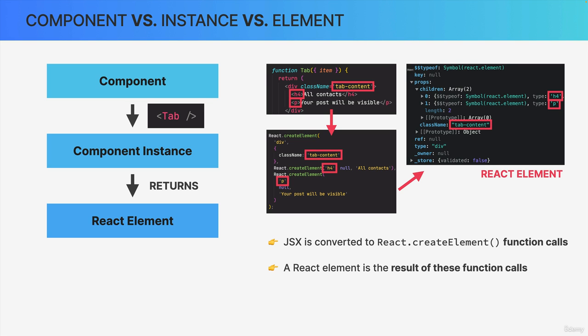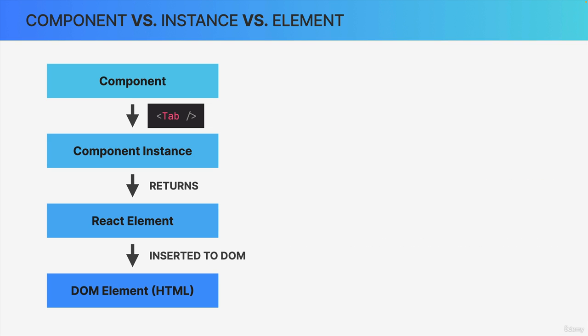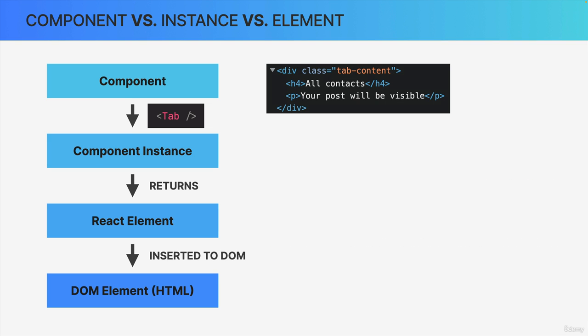But what is this object actually? Well, a React element basically contains all the information that is necessary in order to create DOM elements for the current component instance. And so, it's this React element that will eventually be converted to actual DOM elements and then painted onto the screen by the browser.